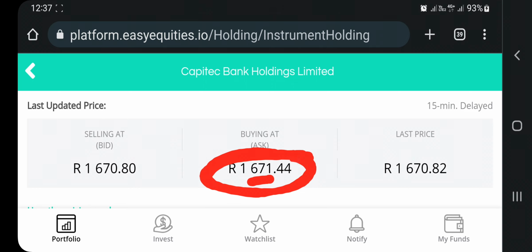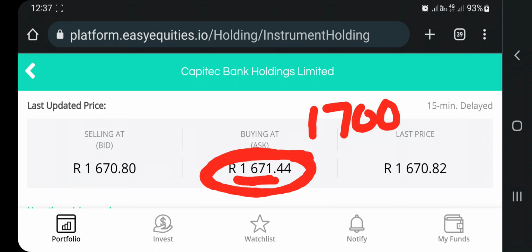So if you make some money, maybe the Capitec share is going to move from 1,600 to 1,700. Then you would know that you just made some money, because a small move is going to move by a certain amount.